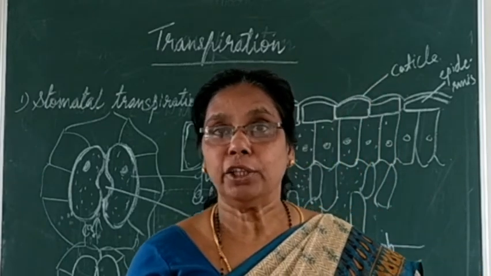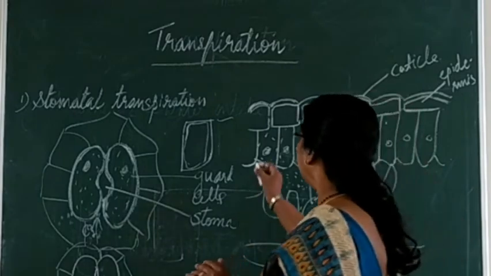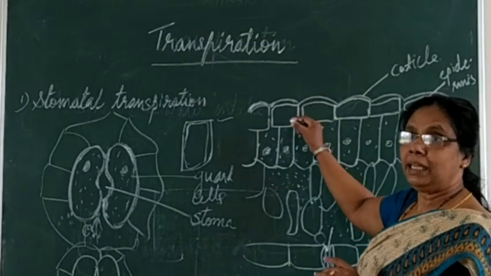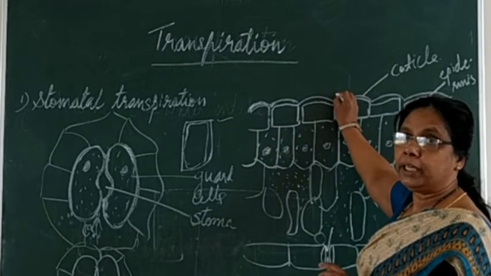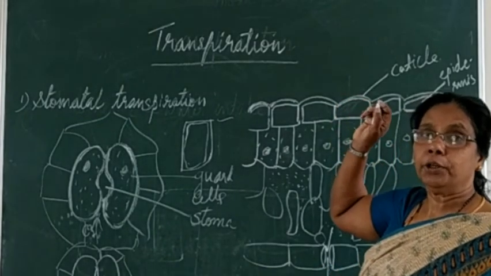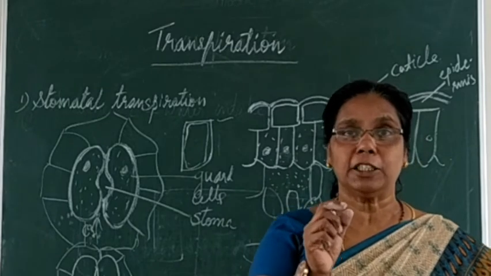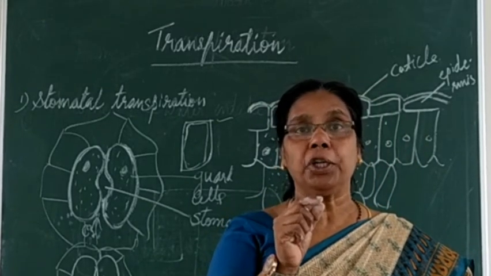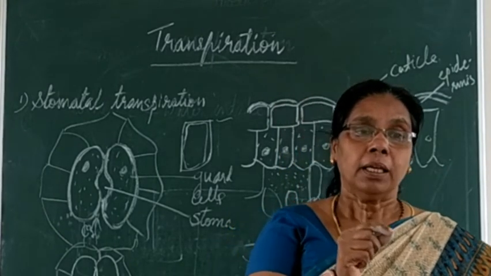The main function of this cuticle is to prevent water loss, but certainly a little amount of water is lost through the cuticle. That transpiration is called cuticular transpiration. Compared to stomatal transpiration, the amount of water lost by cuticular transpiration is very less.